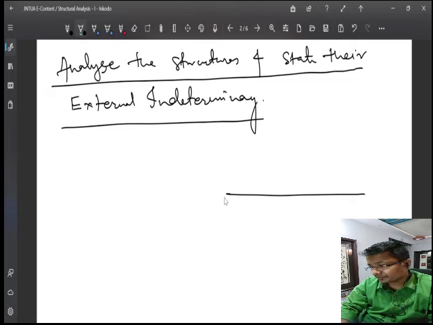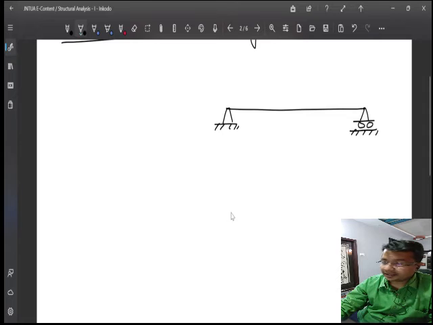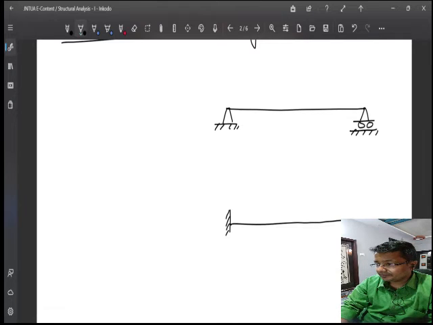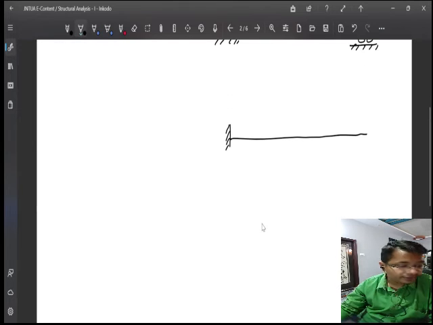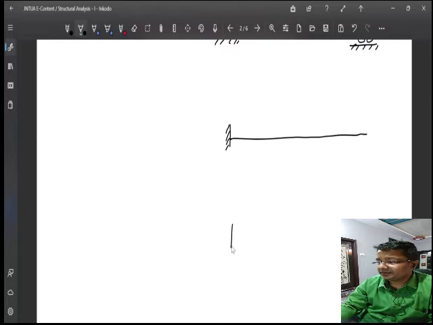The first structure which I have is a simply supported beam. Next I have a cantilever beam. Next I have a continuous beam.